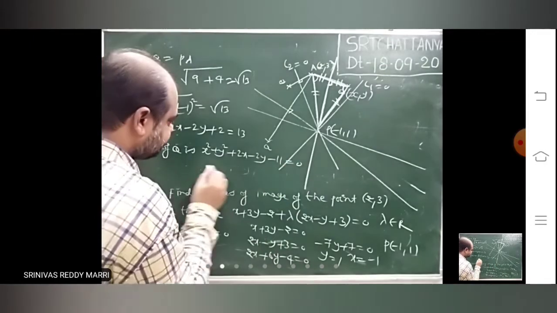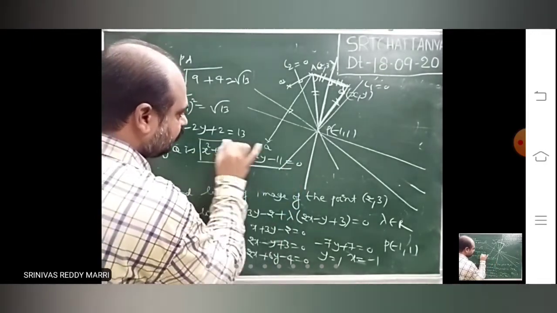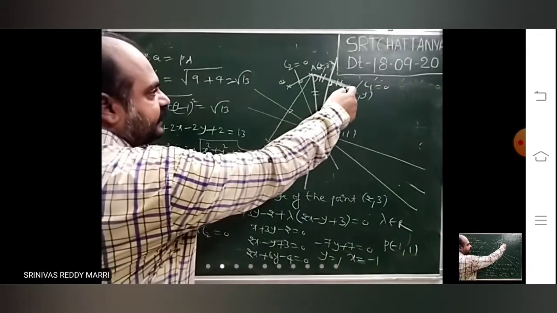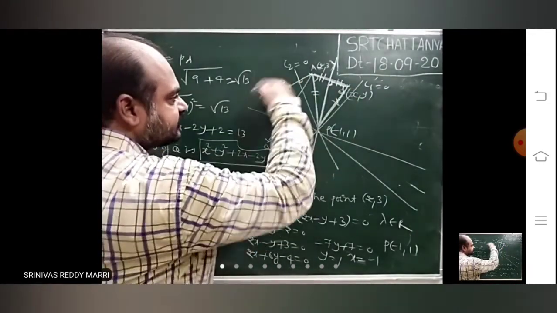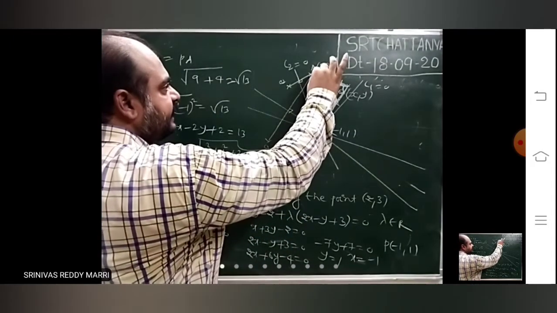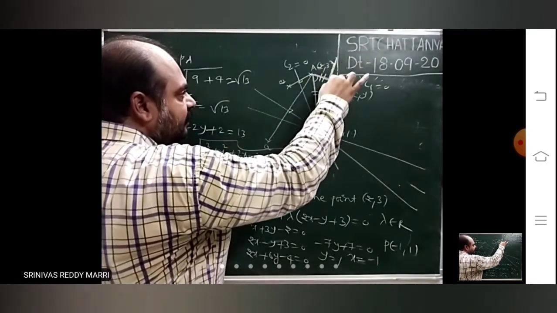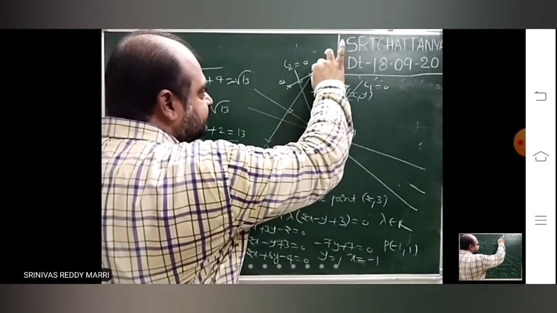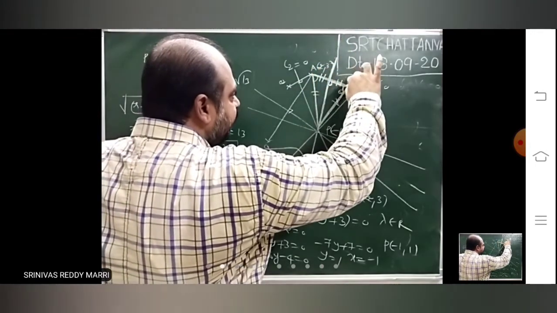Locus is nothing but an equation in x and y. This is the locus of the image Q. That means all such points Q will lie on this curve. Look at here, I will explain once again. A point is there, you take one line and drop the image.